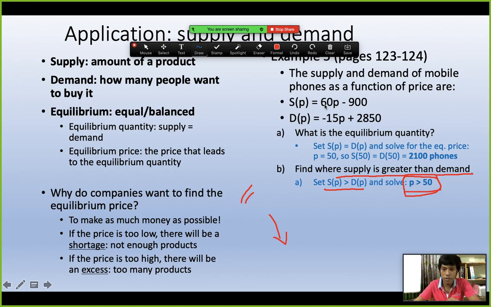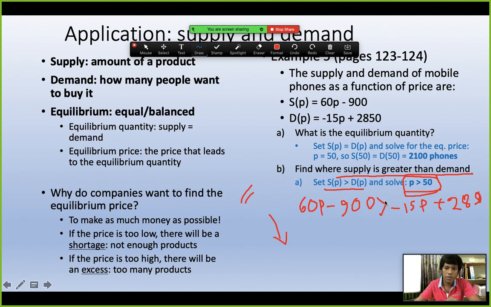If you solve it, for SP you write 60P minus 900 greater than DP, which is minus 15P plus 2850.